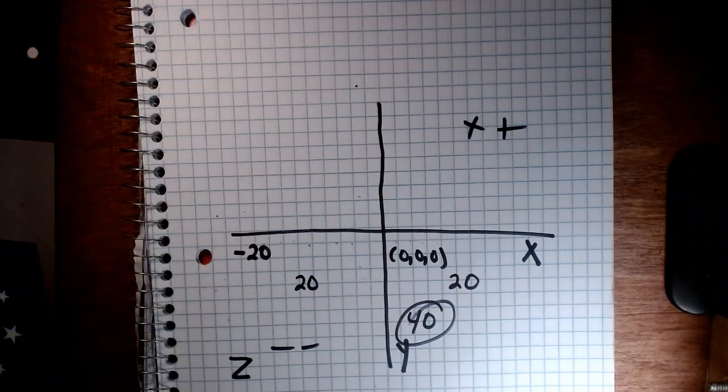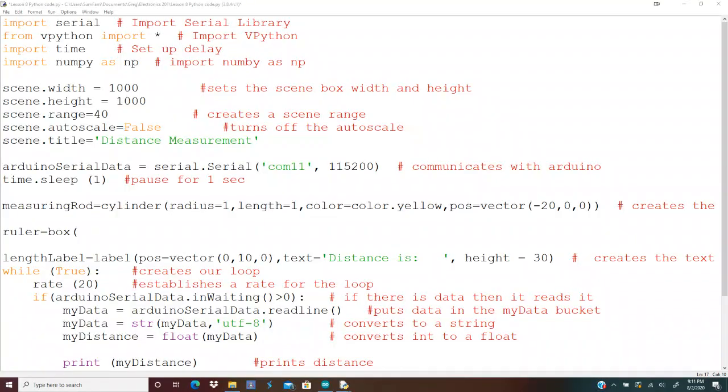And so you've got to understand the spatial concept. So if we look back on our code here, our ruler box, we've determined should have a length of 40. So I'm going to set that length equal to 40.